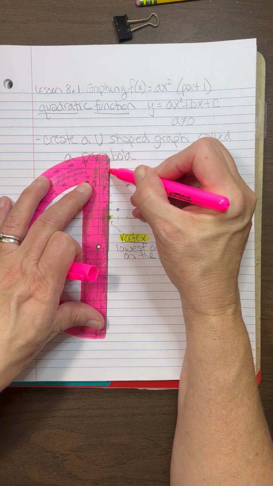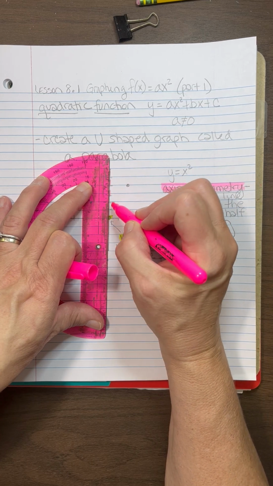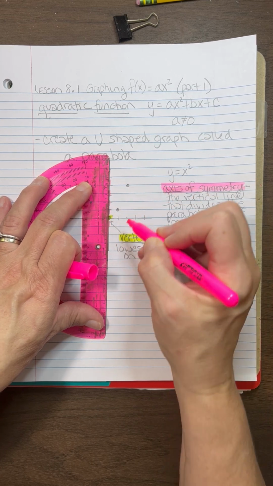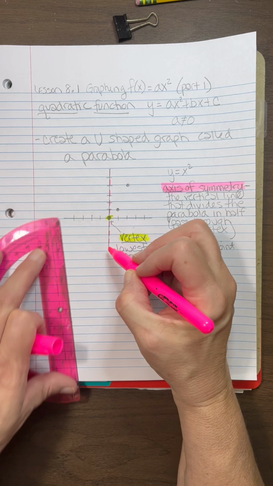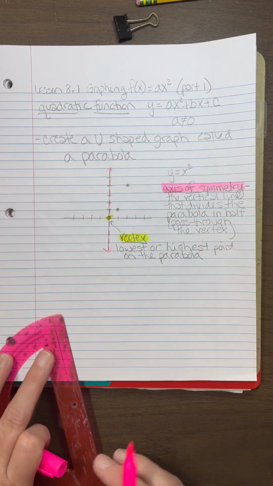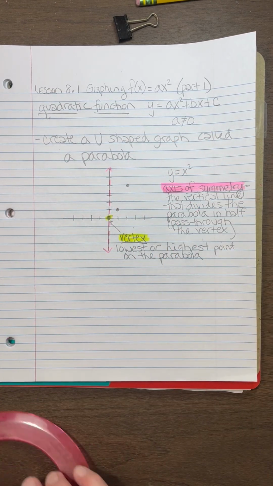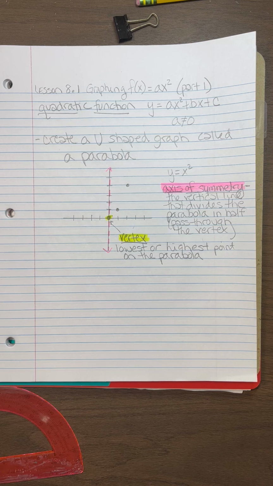So your axis of symmetry is going to pass through the vertex. And if you look at that word, symmetry, what does that mean? That means it's the same on both sides.